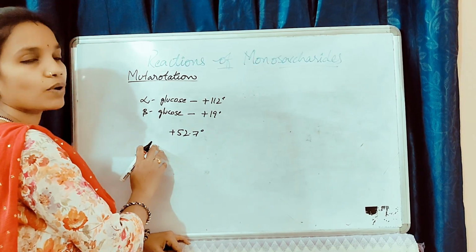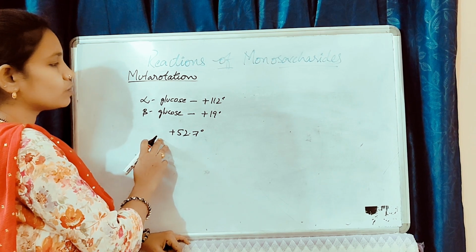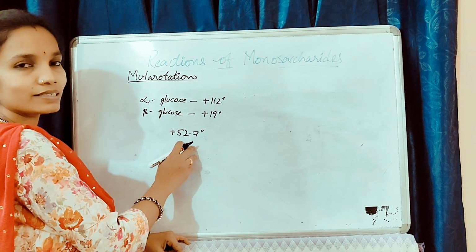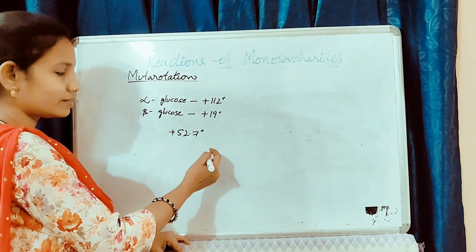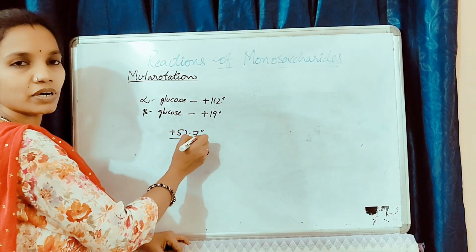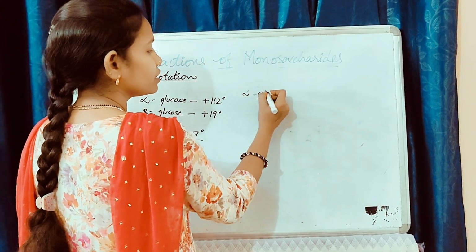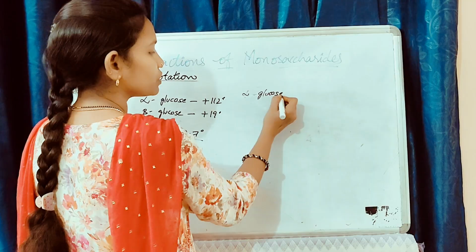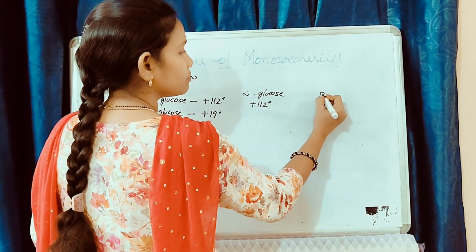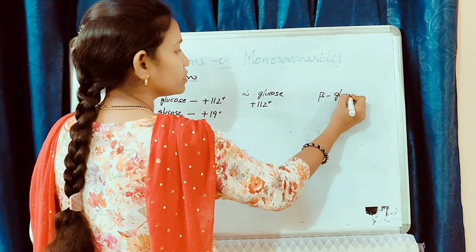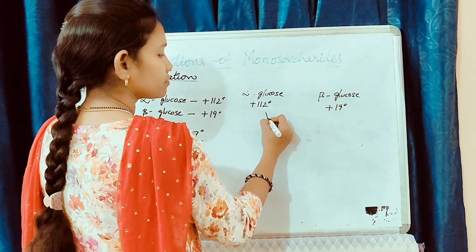Why is it so? Because alpha glucose and beta glucose are interconvertible until the equilibrium value, plus 52.7 degrees, is reached. If you take the flow chart, alpha glucose has the specific rotation of plus 112 degrees, and beta glucose has the specific rotation of plus 19 degrees.